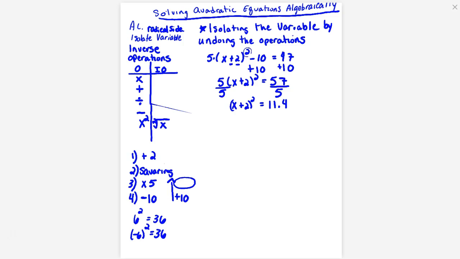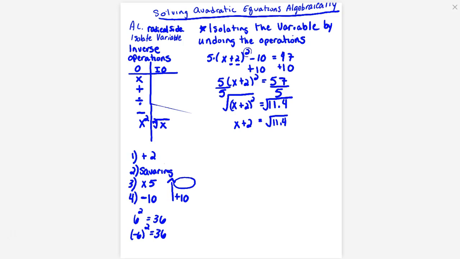So, luckily, what we do is take the square root of both sides. And when you take the square root of something being squared, it's just itself. So the square root of x plus 2 squared is x plus 2 equals, and then we can just leave this as the square root of 11.4. It's just a number.